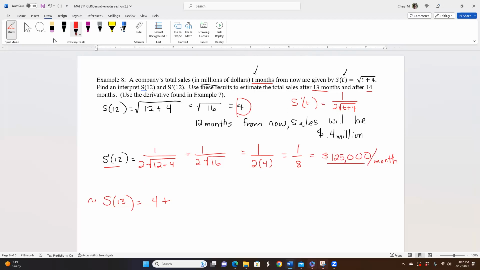So let's write this a little more accurately. Oops. 4 million looks like this, plus 125,000. That means we're at $4,125,000 in sales at 13 months from now.